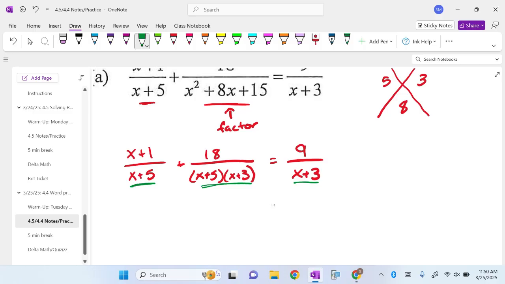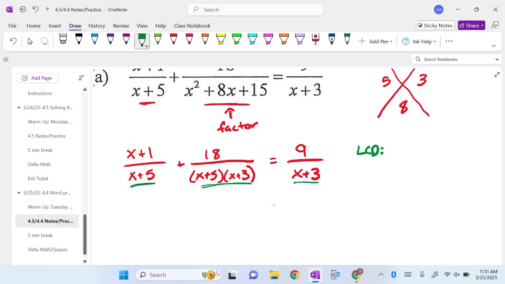It's a game of what are they missing, what do they have in common? What's one thing that two of the fractions have in common in the denominator? Not just 5 and 3. Not just x. We're talking about married couples here. x plus 3 and x plus 5.